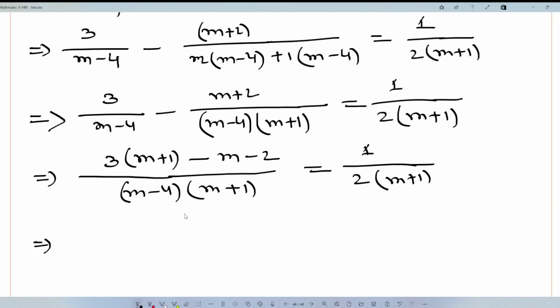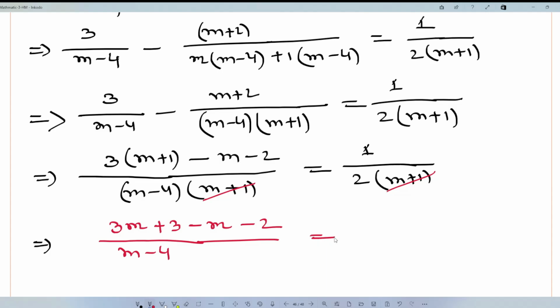If we multiply both sides by m plus 1, this m plus 1 and this m plus 1 will be out. So here is m minus 4, and here is 3m plus 3 minus m minus 2, equal to 1 divided by 2.